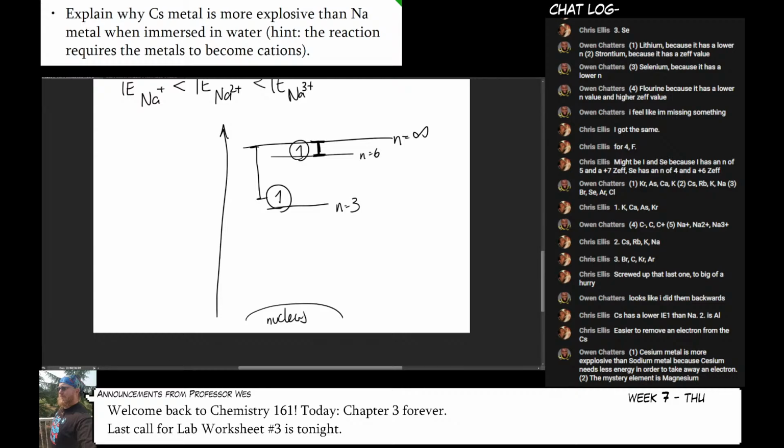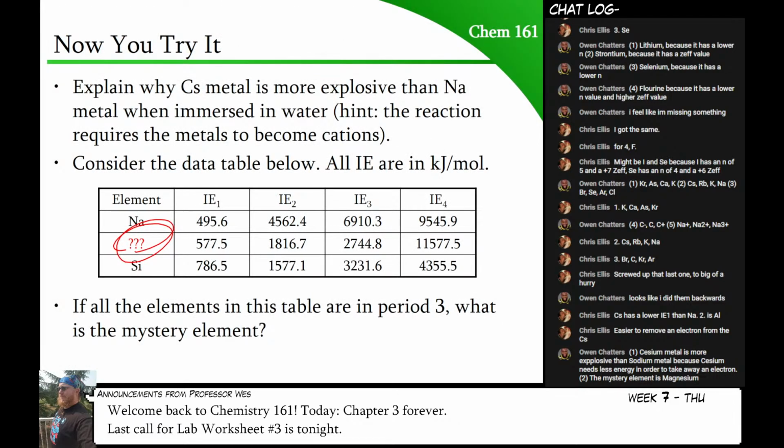All right, if we go back over here, what is the mystery element? How do we determine this? Well, let's look for the giant jump. So I've got ionization energy 1 to 2. This increased by like a factor of 3 or so. This didn't increase by more than a factor of 1, so it didn't quite double.